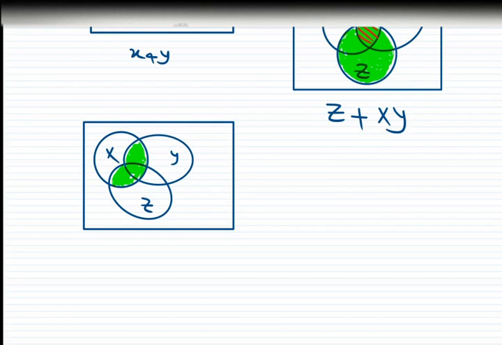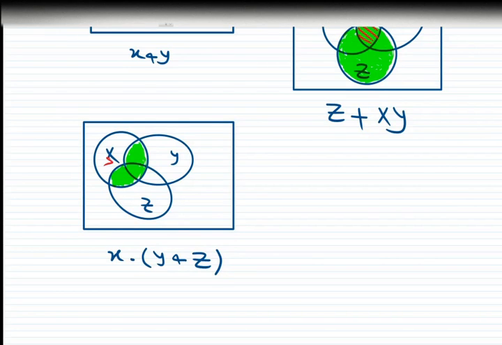If we look at this green highlighted area carefully, we see that any part of x which is also part of y or z is the function.